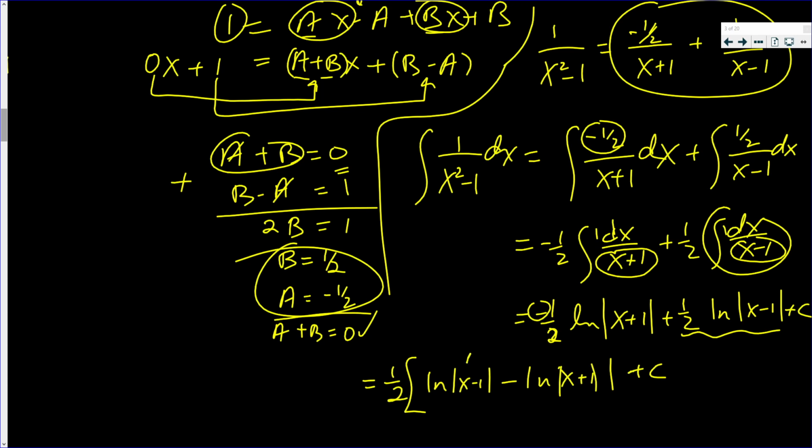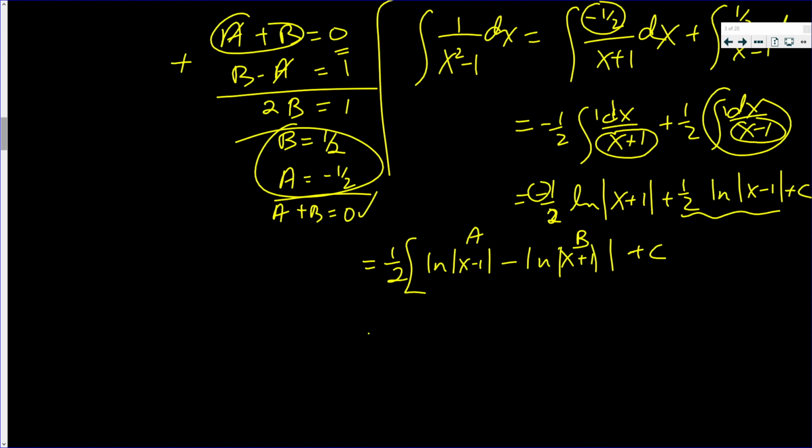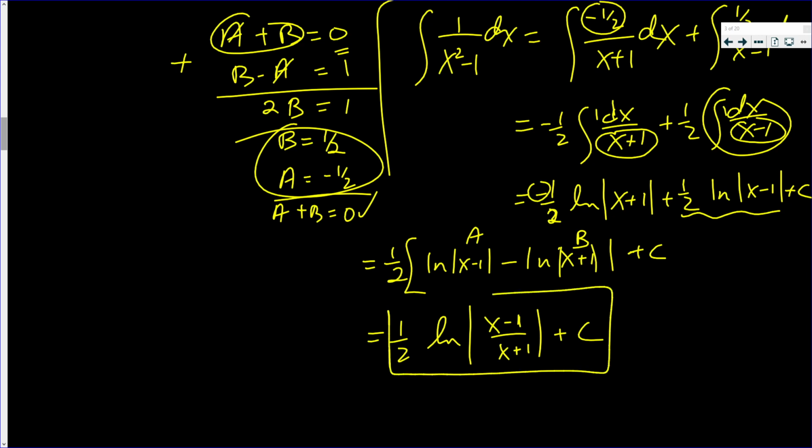But remember, ln of a minus ln of b can be written as ln of a over b. And there's your answer using partial fractions. Let us try the next one.